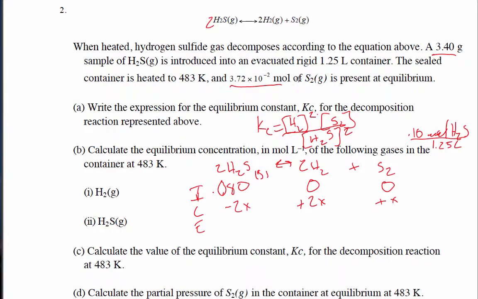If I take that value and divide it by the volume of the container, 1.25, I'm going to end up with 0.029, sorry. And again, I'm verifying my work just to make sure I don't mess anything up for you guys. 3.72 divided by 1.25.